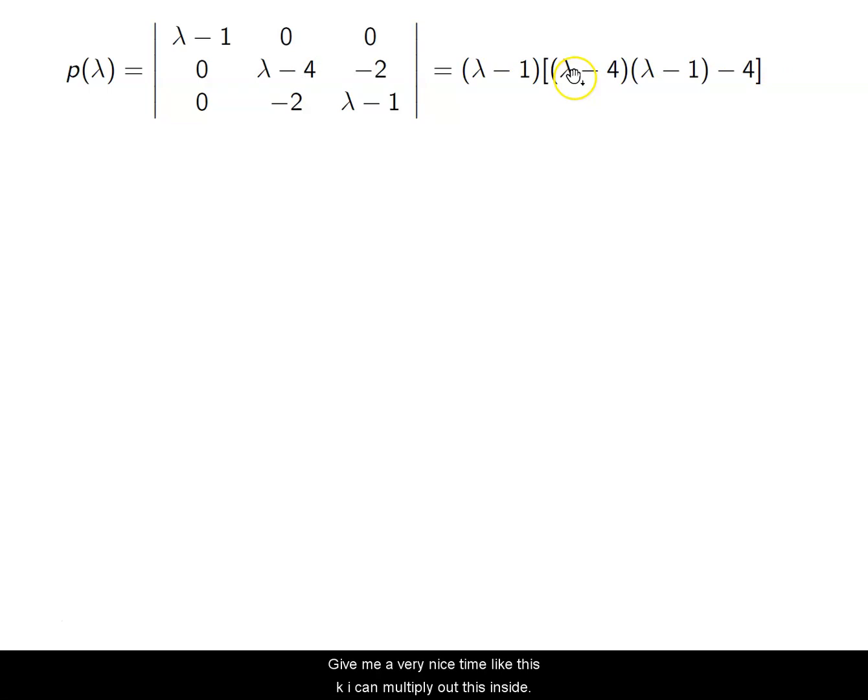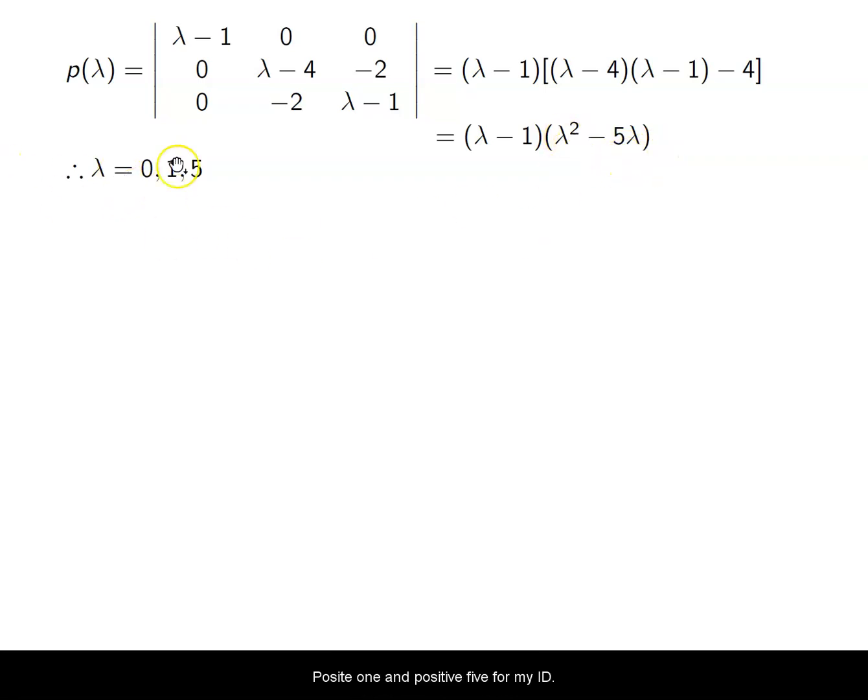I can multiply out this inside, which gives me a very easy characteristic polynomial, which is easy to find my zeros. So my zeros are 0, positive 1, and positive 5 for my eigenvalues, and I have them in order. So obviously my min value will be 0, and my max value will be 5.